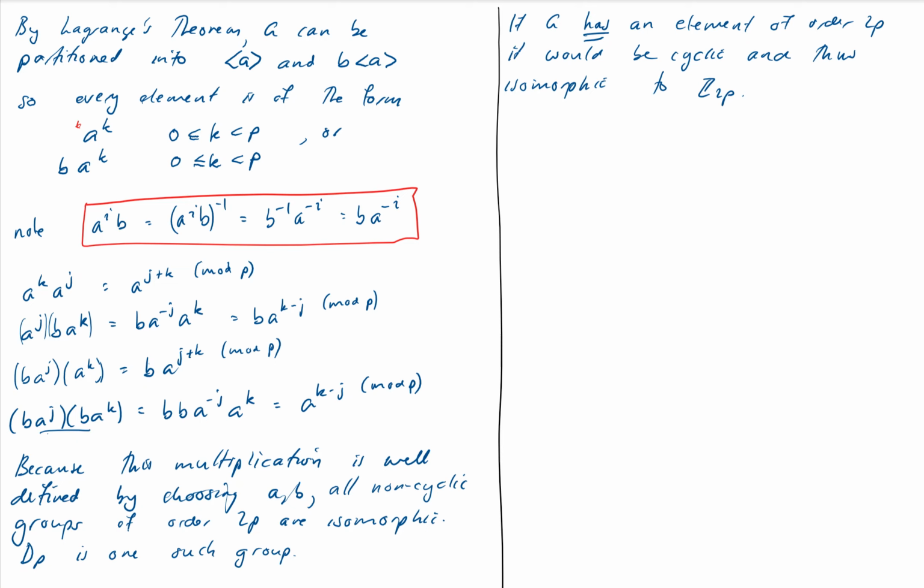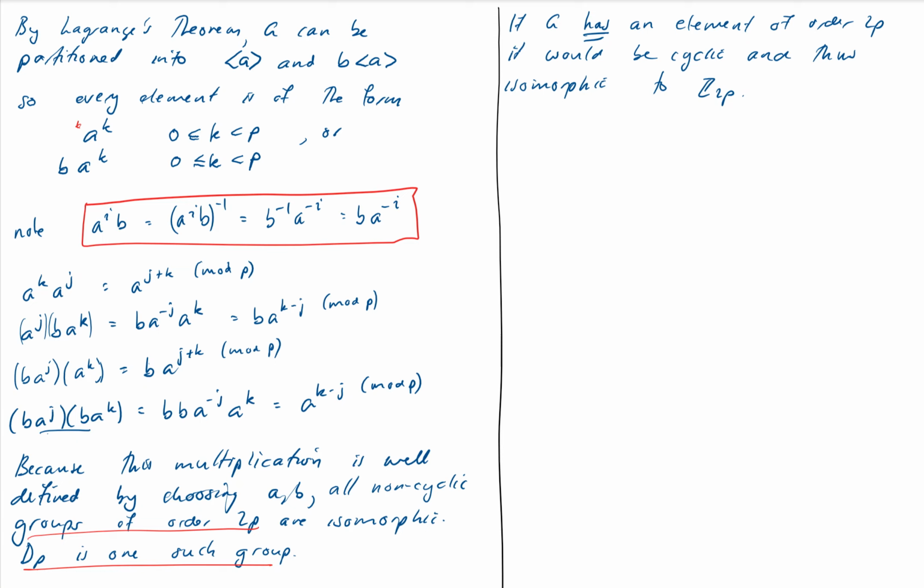Okay, so that actually covers all of our cases. At the very start, we assumed that we did not have an element of order 2p, and that led us eventually to the statement that all of these groups of order 2p are isomorphic, and Dp is one of them, therefore all such groups are isomorphic to the dihedral group of order 2p.